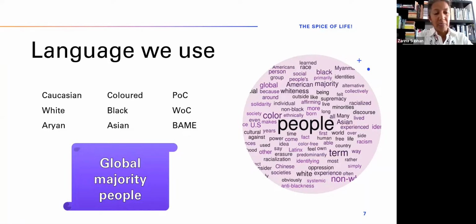And part of the problem is that BAME is also often used as a proxy for non-white, which isn't why it was created, because that term should also actually include white ethnic minority groups, such as Gypsy, Roma, or Irish communities, who often in the UK faced a lot of discrimination.